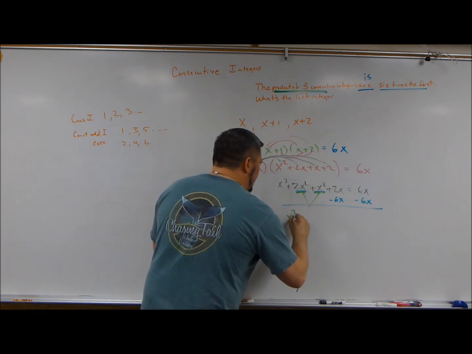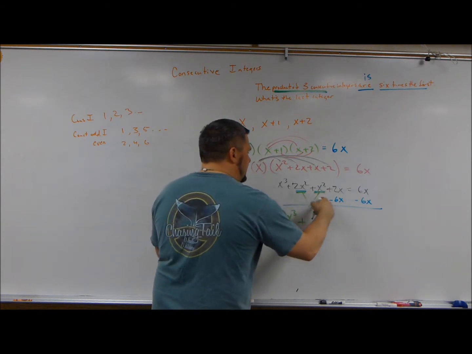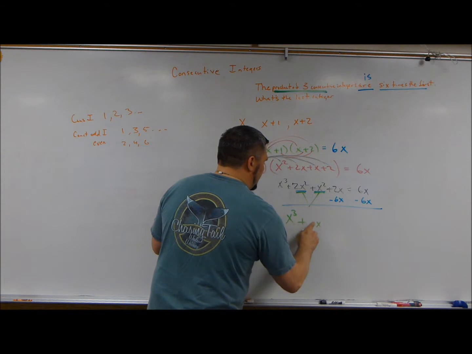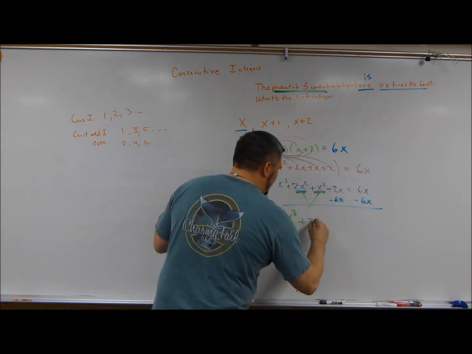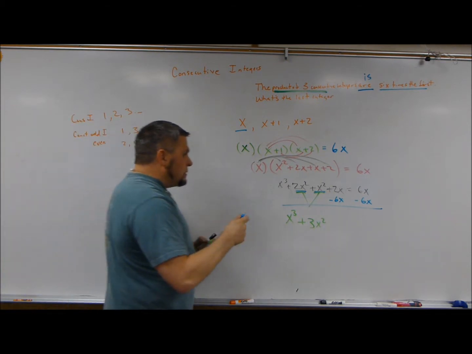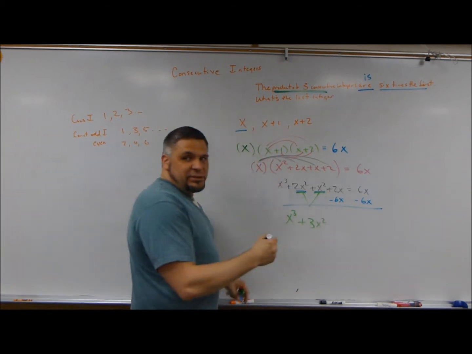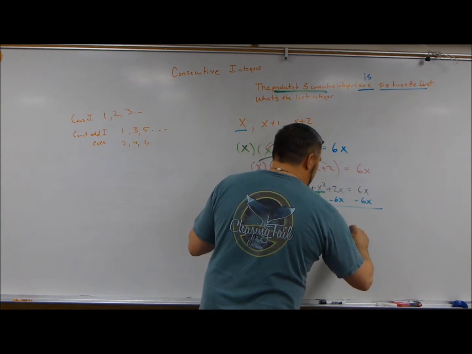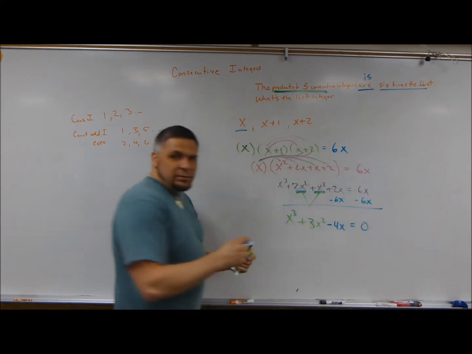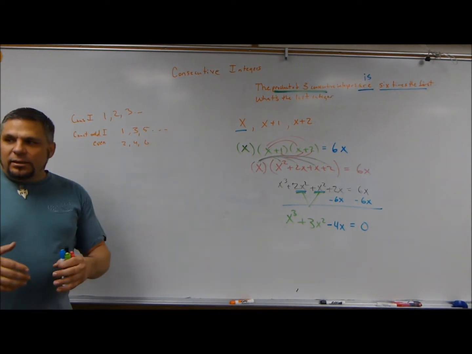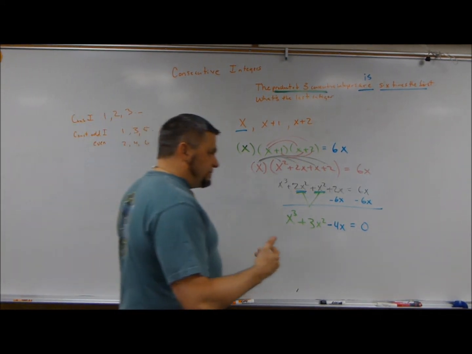I get x cubed plus, 1 and 2 is 3, 3x squared. And then negative 6x plus 2x is minus 4x. And now I can begin to work the problem.